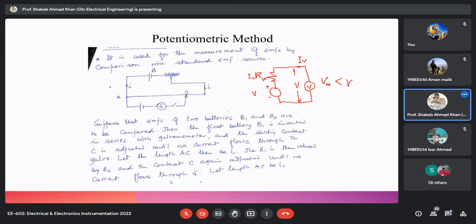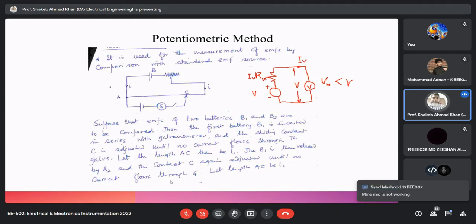16. Back to the potentiometric method. I want to know what the potentiometric method is. Although here we are using it to measure small value resistance, ultimately I'll ask why this method.